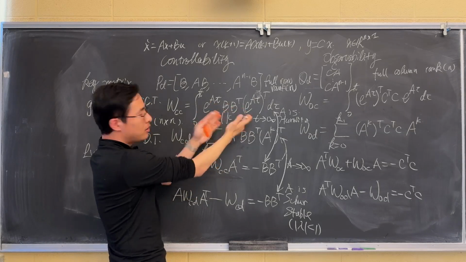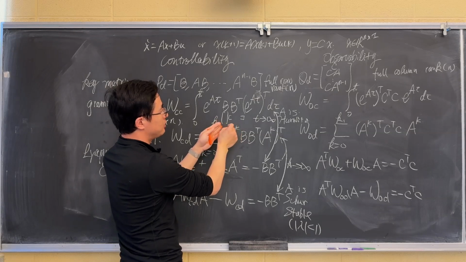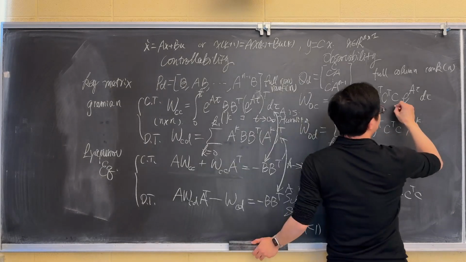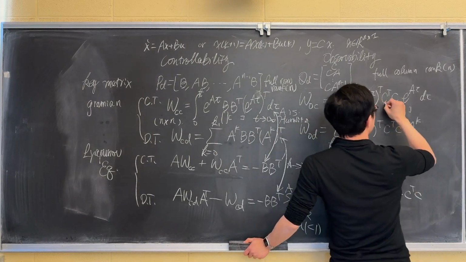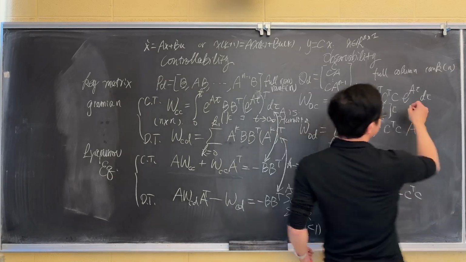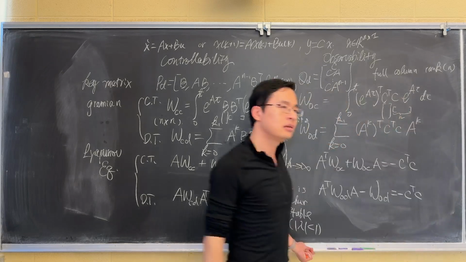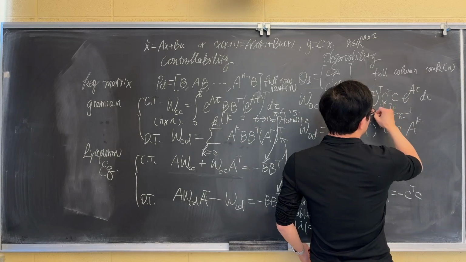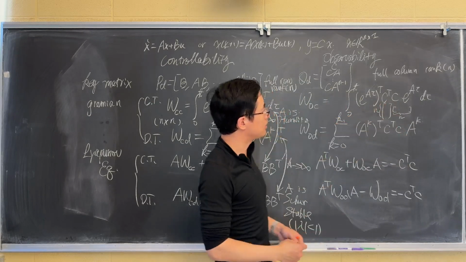If you flip the order, the dimension will not match anymore. Same thing here. C is usually a wide matrix, and C transpose becomes a tall matrix. C will have n columns, so C transpose will have n rows. Then in the middle, you have an n by n matrix.